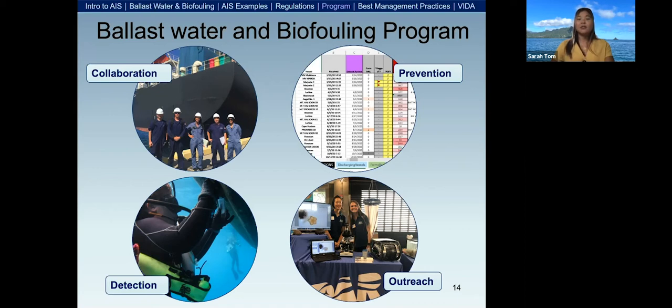Prevention is done through conducting ballast water and vessel biofouling risk assessments, implementing regulations, and working to improve vessel compliance. Detection means documenting the prevalence and spread of aquatic invasive species to inform rapid response, control, and eradication efforts. And outreach provides information to the local community and creates involvement opportunities to protect Hawaii's valuable aquatic resources.